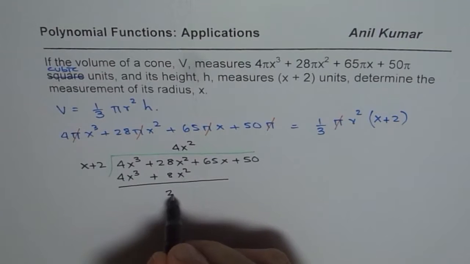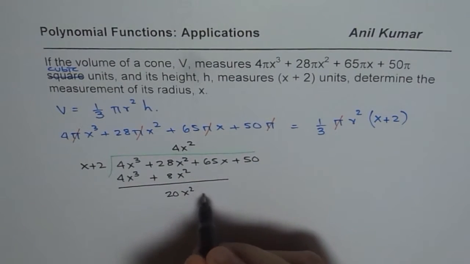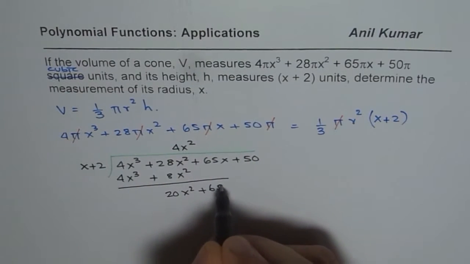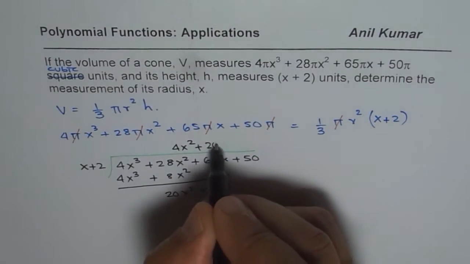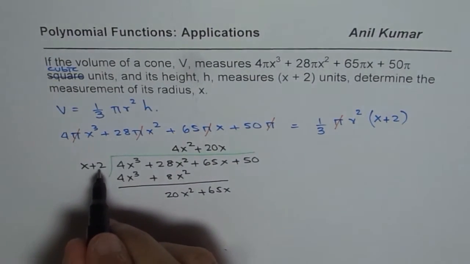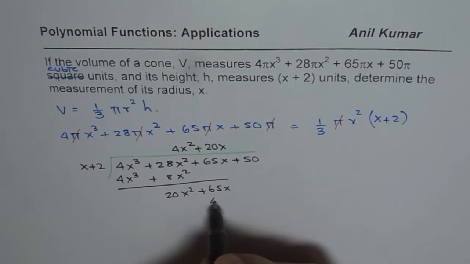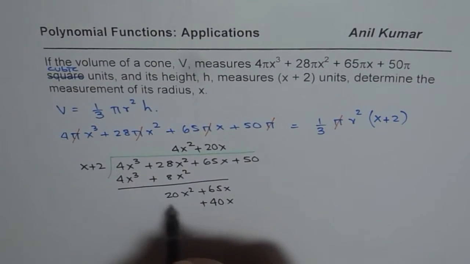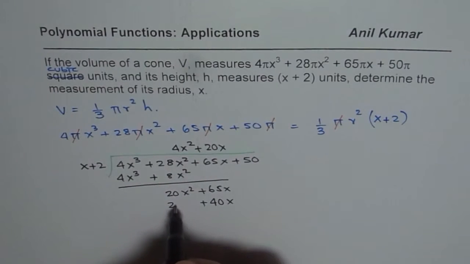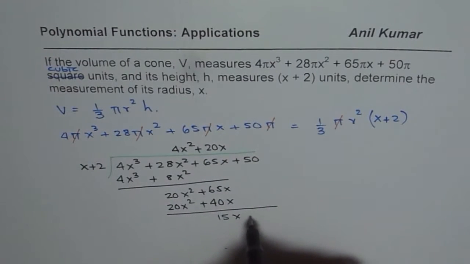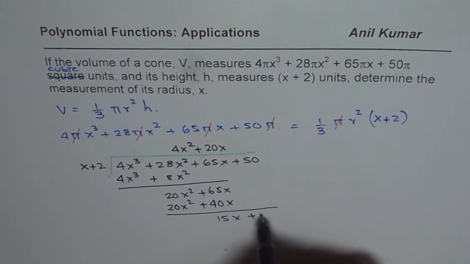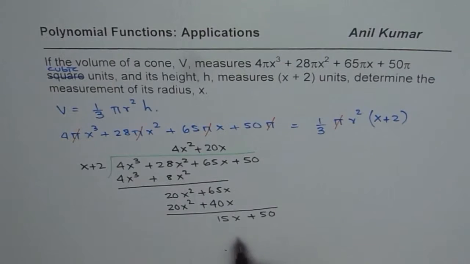Now when you take away, you get 20x squared, bring that down, 65x. So now you have to multiply by 20x. So plus 20x. 20 times 2 is 40, so you get 40x. And here you get 20x squared. Here now we take away 65x minus 40x. That means you have to multiply by 15.